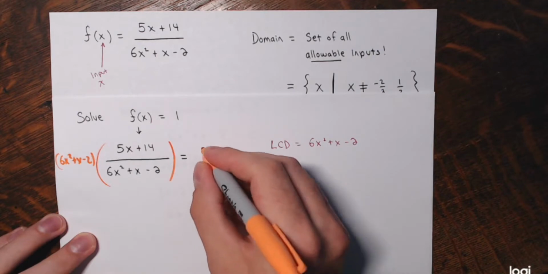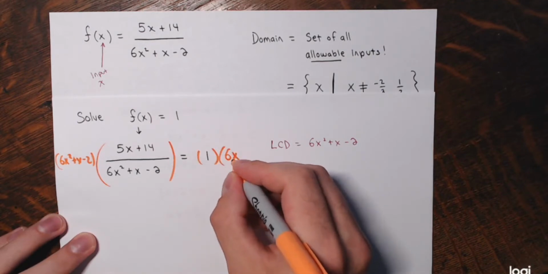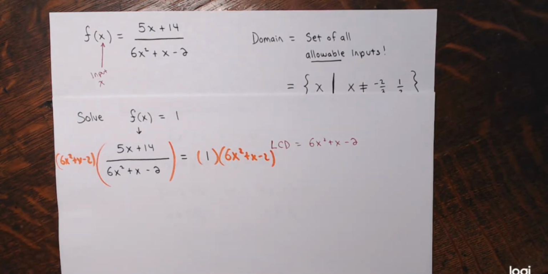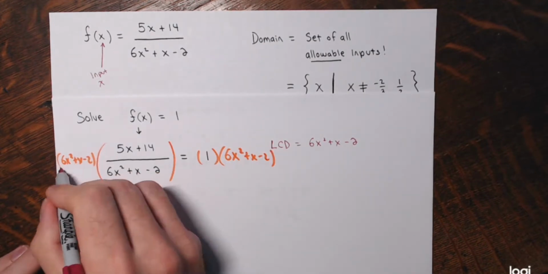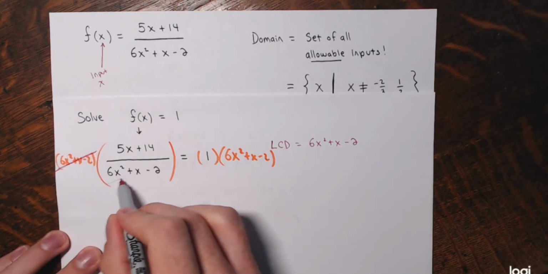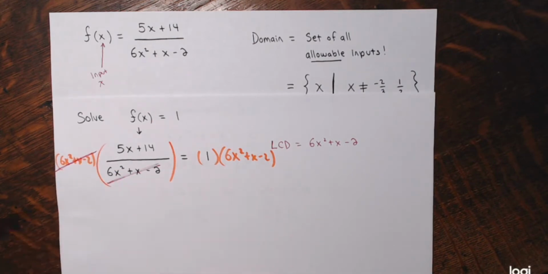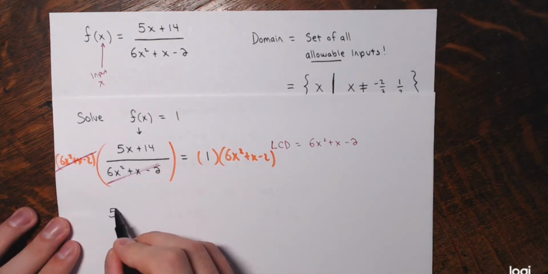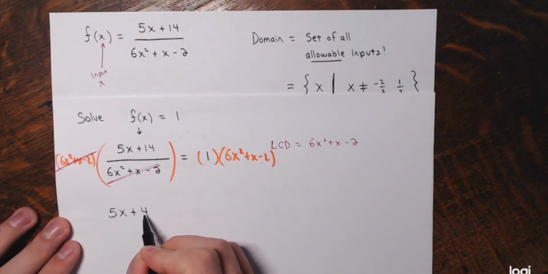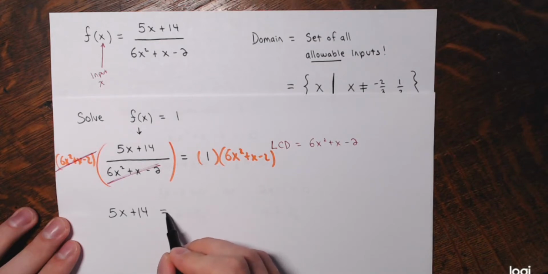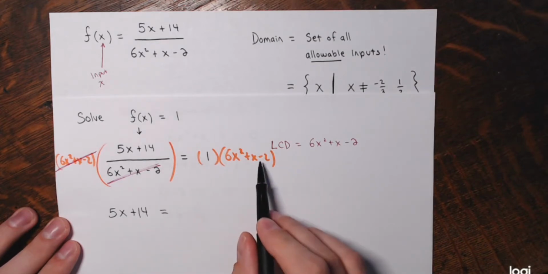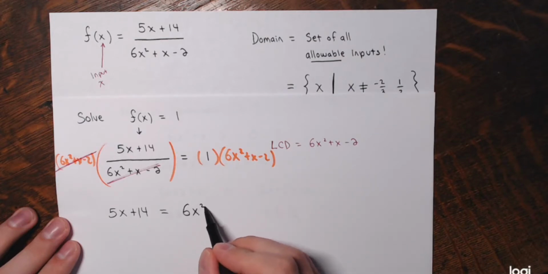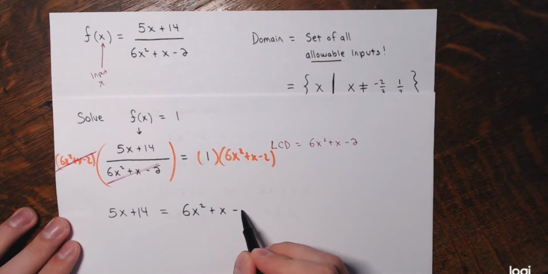And same thing with the right side, I'm multiplying by the LCD, 6x squared plus x minus 2. And that should cancel the denominators, right? See, the LCD cancels the denominator on the left. And all I'm left with is 5x plus 14 equals, and then on the right, 1 times anything is itself, so I just have the LCD over here, just 6x squared plus x minus 2.